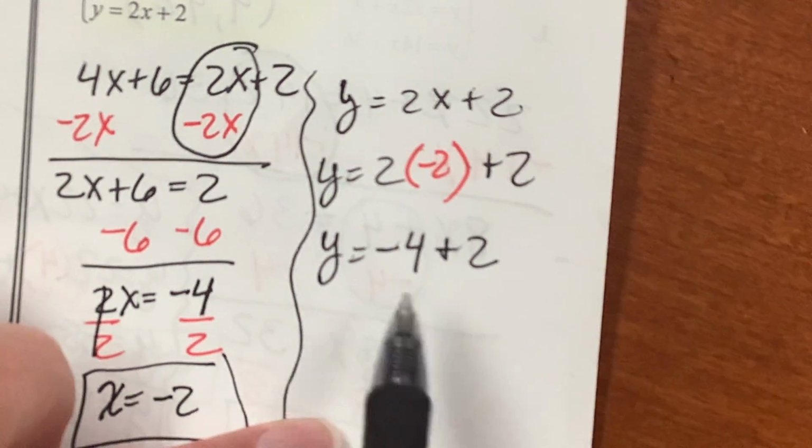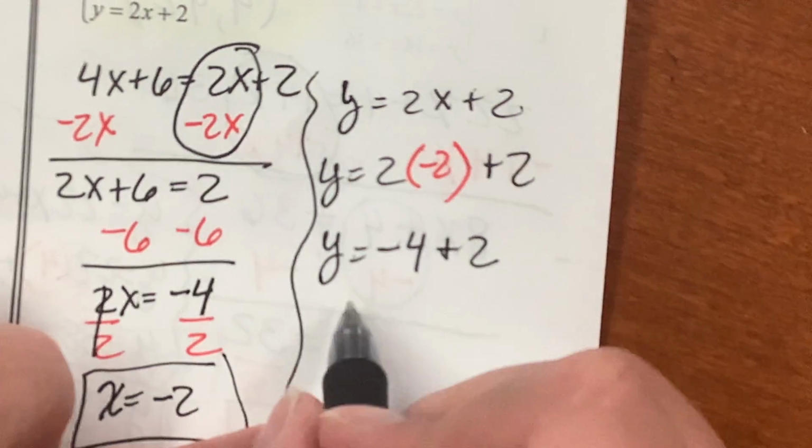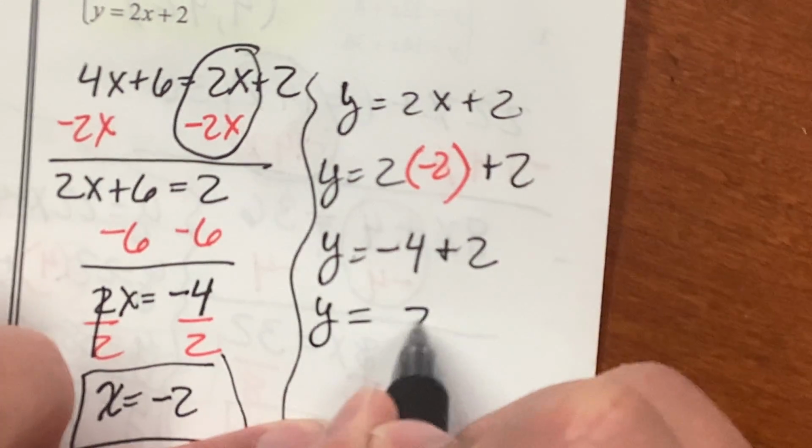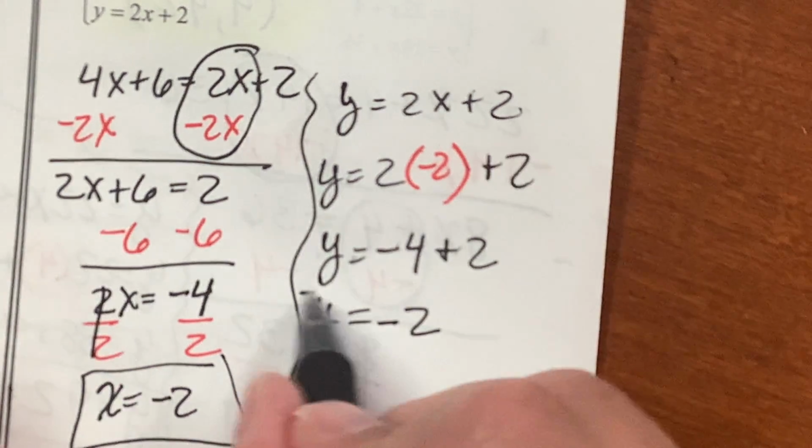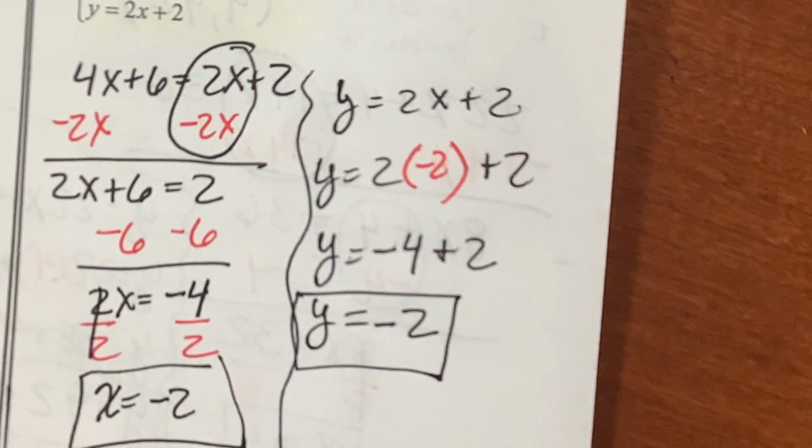The signs are different, so you subtract. 4 minus 2 is 2. But 4 is bigger and 4 is negative, so it's -2. And now I have y is -2.